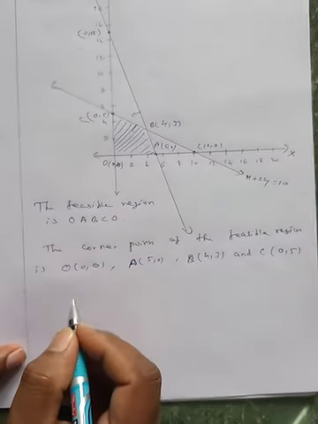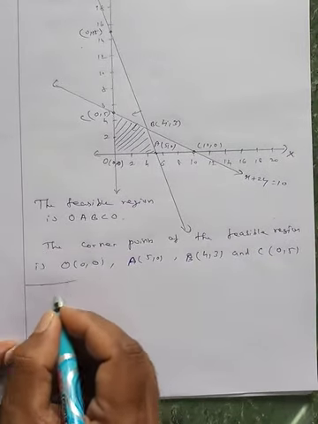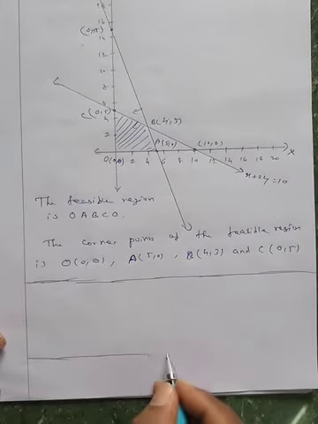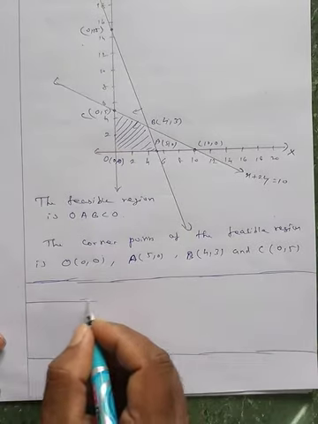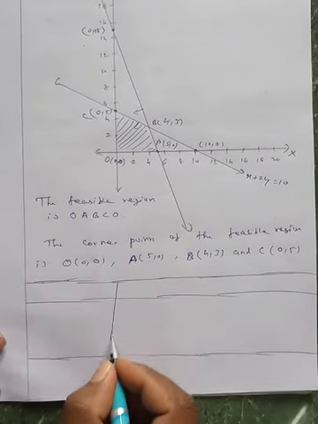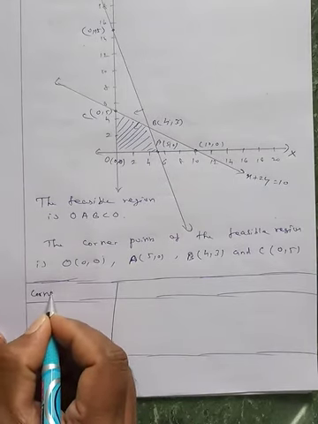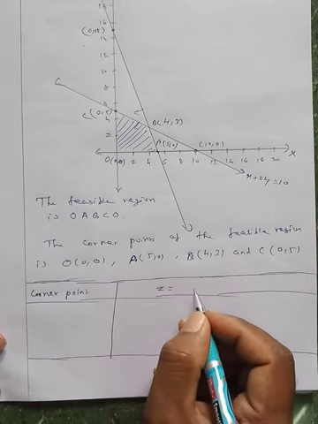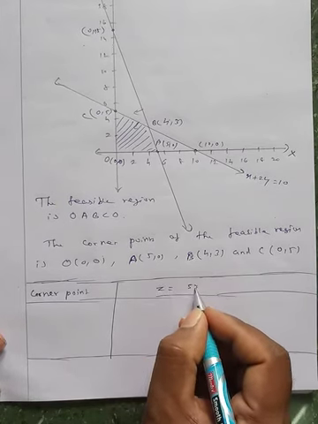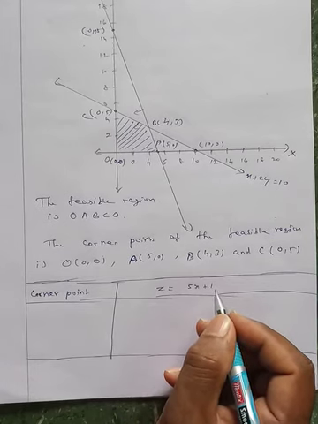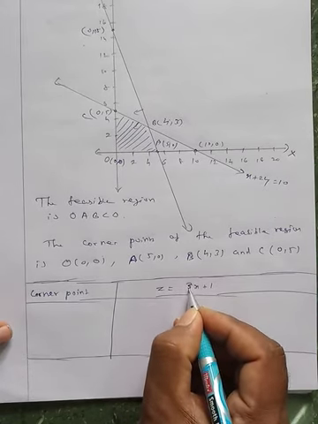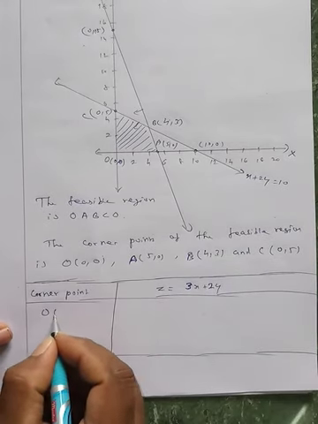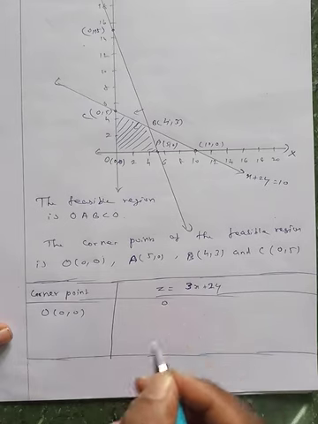Now find the value of the objective function at the corner points. Here z is equal to 3x plus 2y. First corner O (0, 0), here 0.